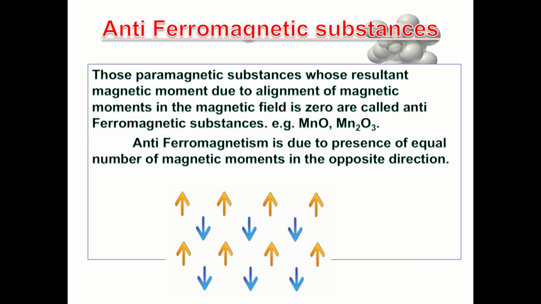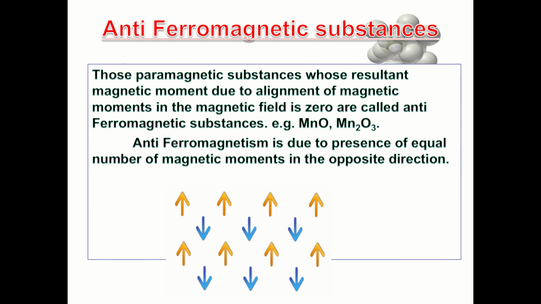The fourth type of solids are called antiferromagnetic solids or antiferromagnetic substances. They are those paramagnetic substances whose resultant magnetic moment due to alignment of magnetic moments in the magnetic field is zero.